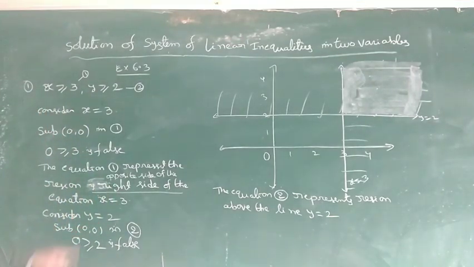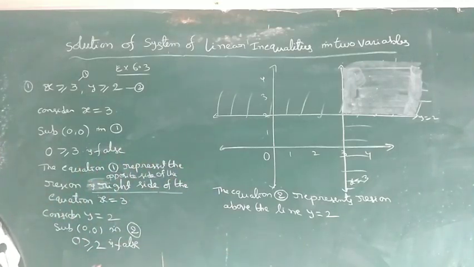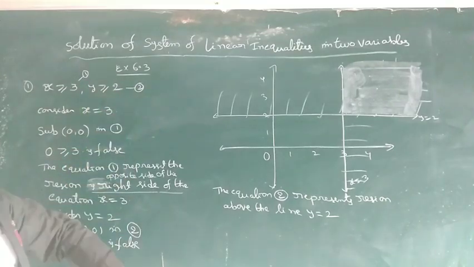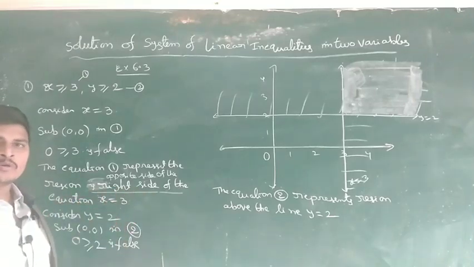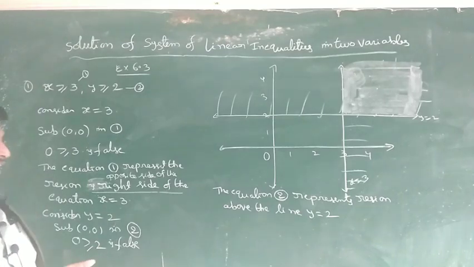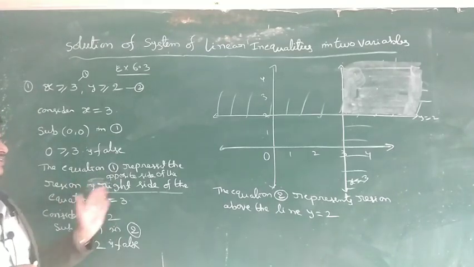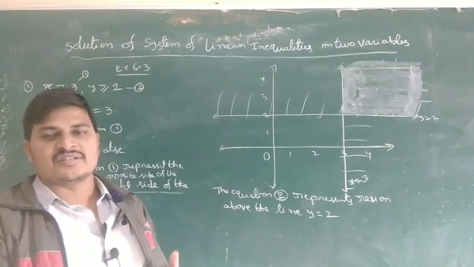Clearly identify means you have to write clearly: right side of the line, left side of the line, above the line, below the line. You have to observe this clearly. If you don't know whether it is right side or left side, then you have to write either opposite the origin or origin side.